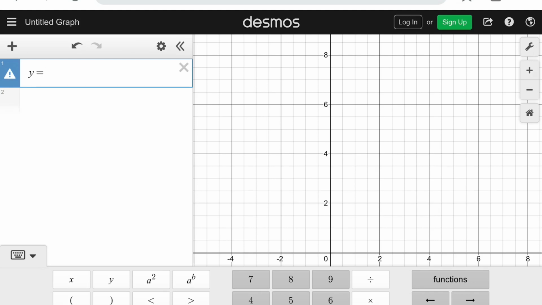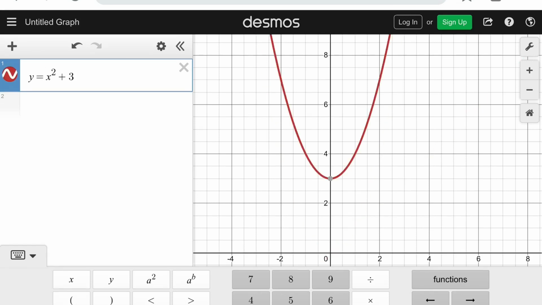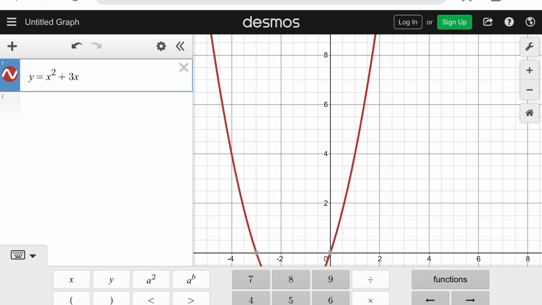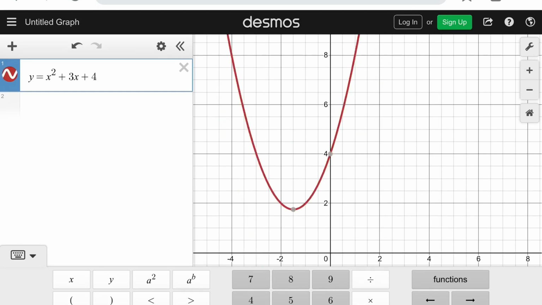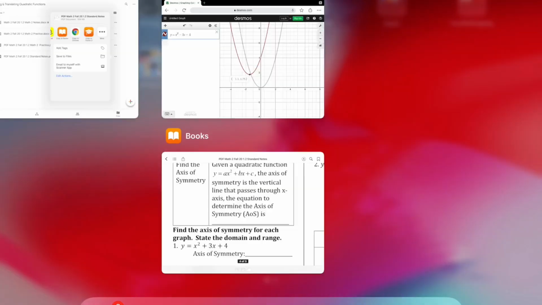So y equals x squared plus 3x plus 4. Our line of symmetry, or our vertex, is going to be at that point, which is (-1.5, 1.75).